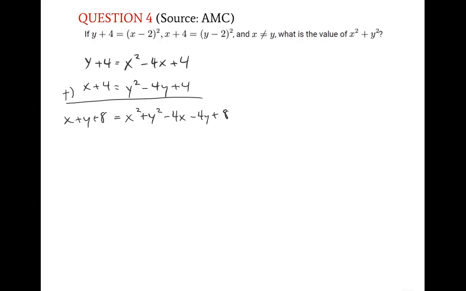Actually, I'm not going to rewrite it. So if you subtract this, we're going to write it here. Then you'll get y minus x is equal to x squared minus y squared minus 4x plus 4y.